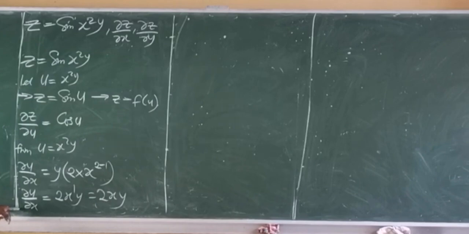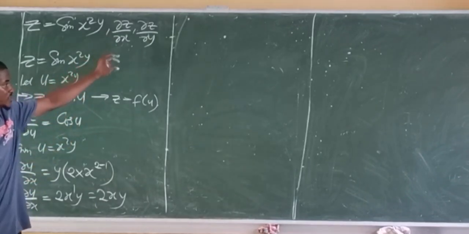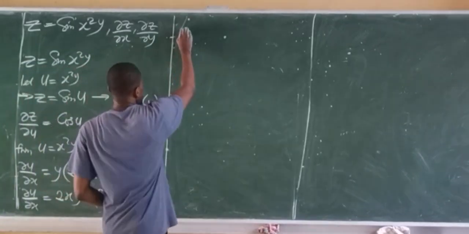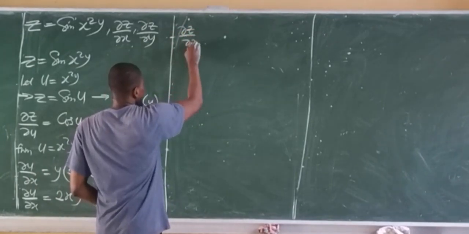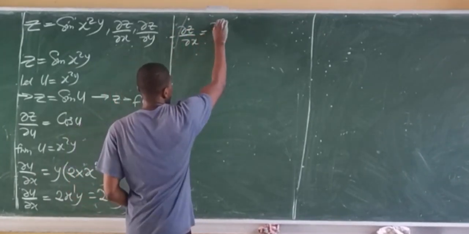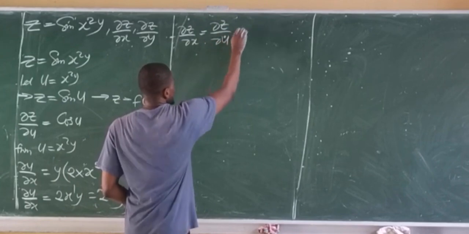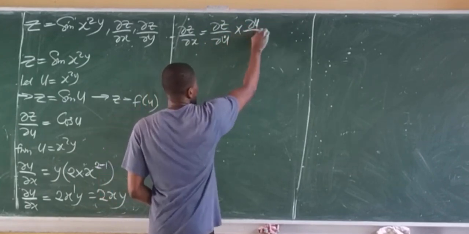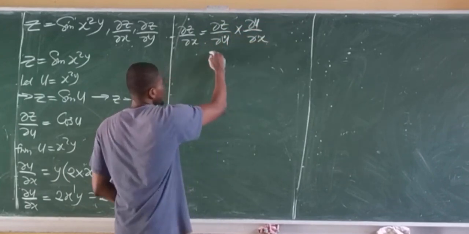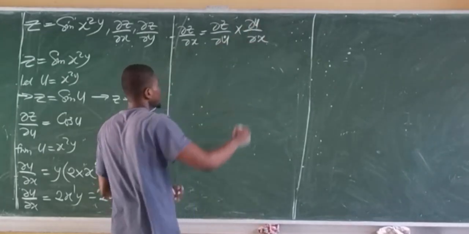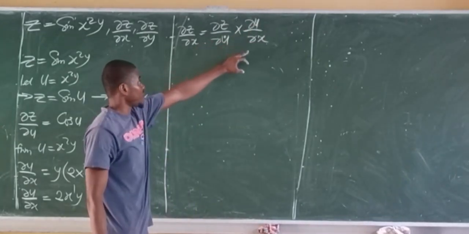But the question says you should find partial z, partial x. From chain rule, partial z, partial x is partial z, partial u times partial u, partial x, such that the partial u cancels and I'm left with partial z, partial x.